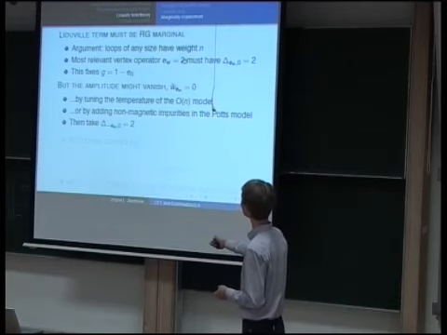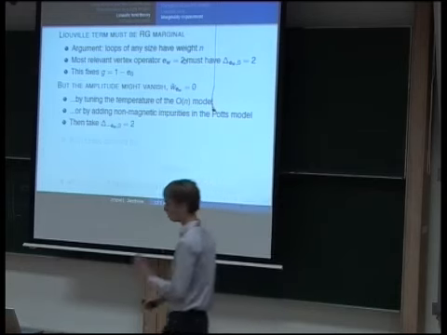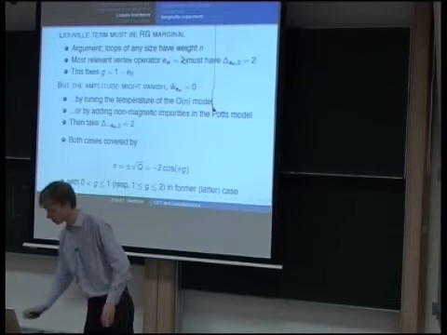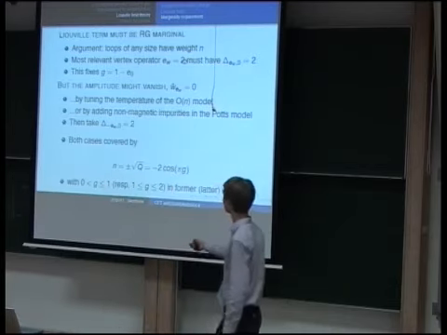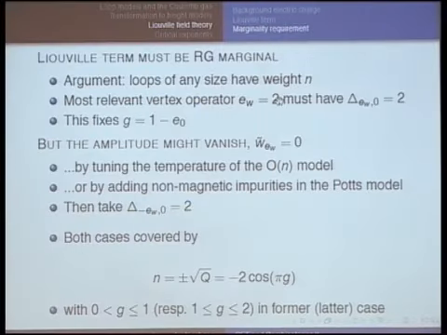And so in that case, I would take this choice here. So both cases are covered by the following. n, the weight of a loop in the O(n) model, or square root Q, the weight of a loop in the Potts model, should be equal to minus 2 cosine pi G, where G either lives in the range 0, 1 for the first case up here, or in the range 1, 2 for the second case here.